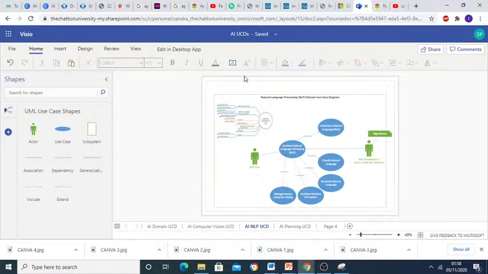Visio is also a Microsoft tool. It's part of the Microsoft suite. In the same way you have Microsoft Word, Microsoft Excel, you also have Microsoft Visio. The Visio that I have in front of me is on a free trial basis. I believe that you can get a free trial for 30 days to Visio.